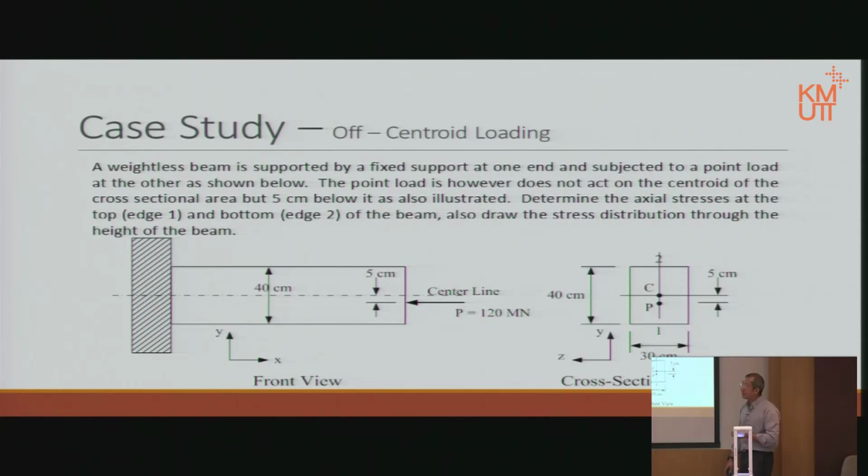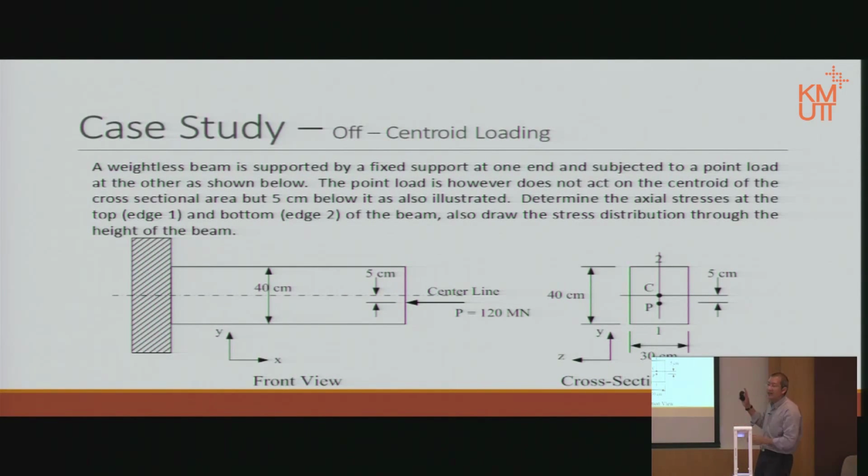Okay, this is the example. We have a beam. This beam is assumed to be weightless, or basically the weight is negligible, so small it doesn't have to be counted. Then there's a fixed support on the left hand side of the beam.